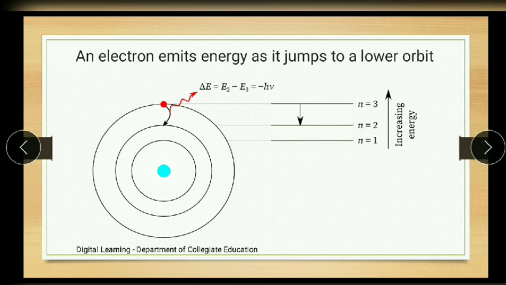Similarly, when an electron falls from a higher energy level to a lower energy level, it emits energy in the form of a photon, and the energy thus released appears as a spectral line in the emission spectrum.